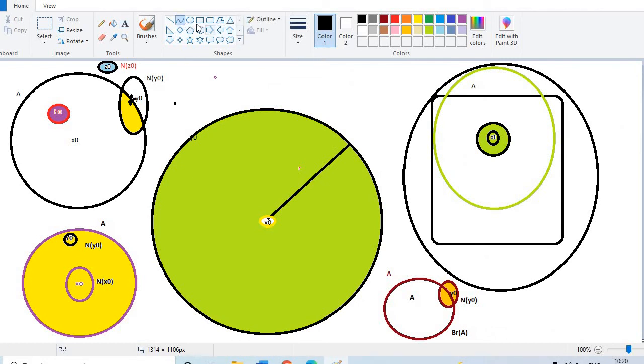Okay, consider this set. What is the speciality of this set? This is not a circle, this is just merely a lamina.